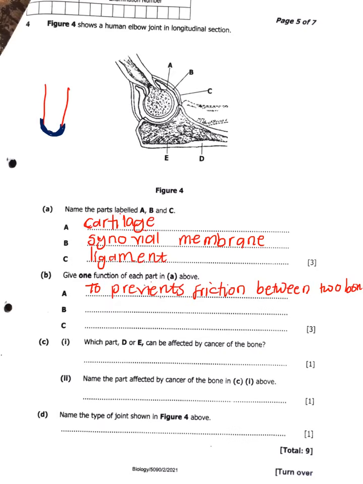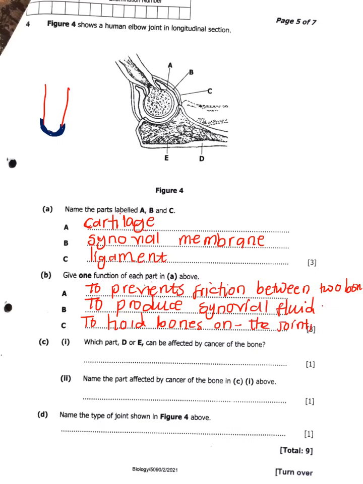Then synovial membrane to produce synovial fluid. Then for C, ligament to hold bones on the joint, thus prevents dislocation.